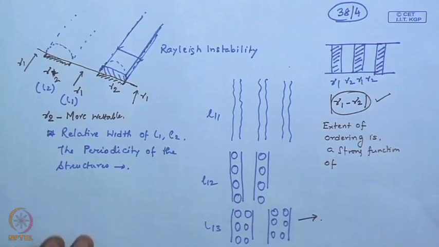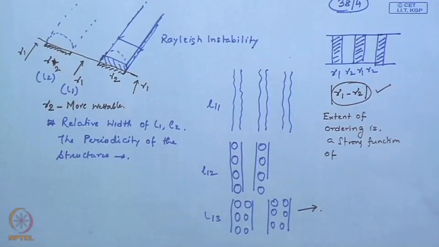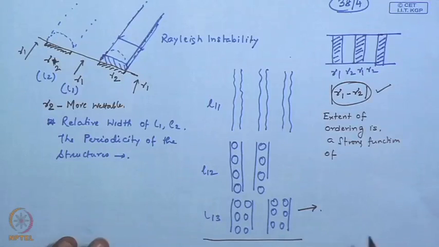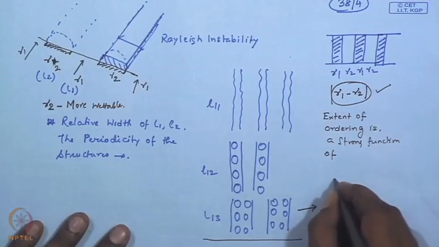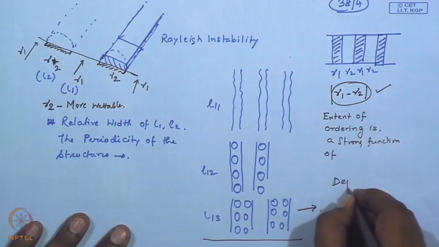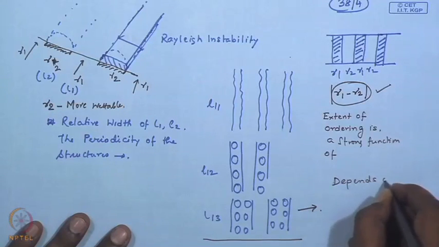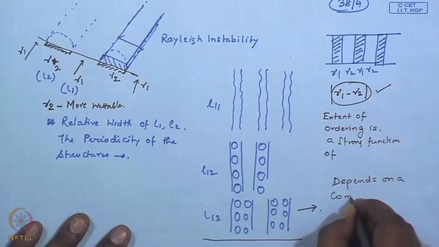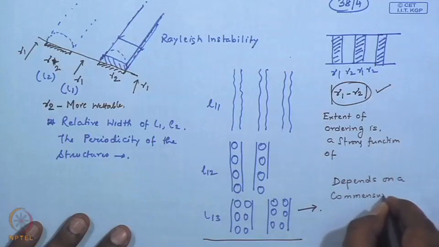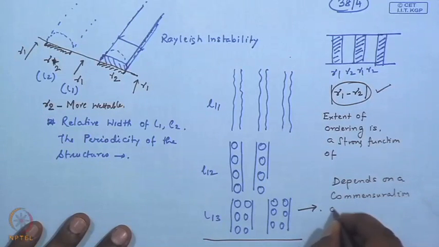So, this is exciting now, because again here you have the potential to stop the evolution at any intermediate location, and also what we find is that the final morphology depends on a commensuration of a whole lot of parameters.